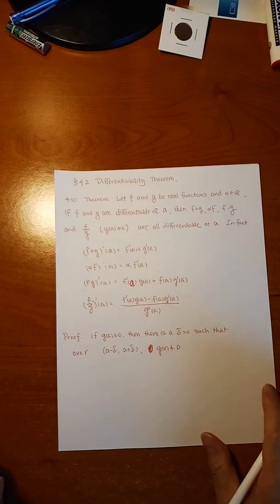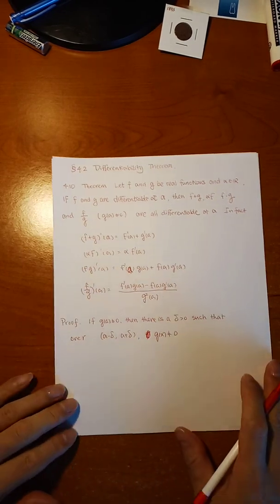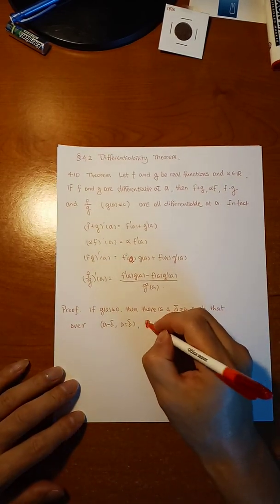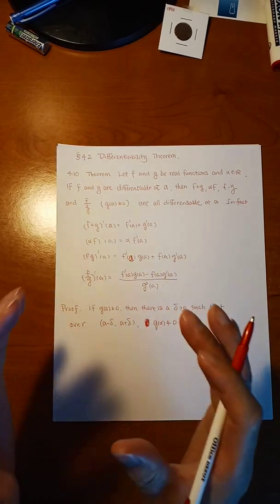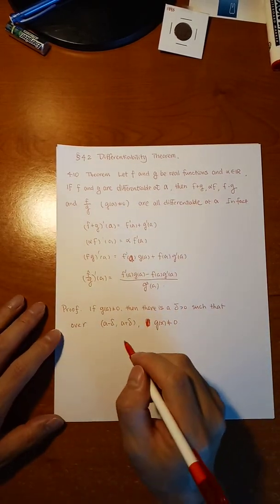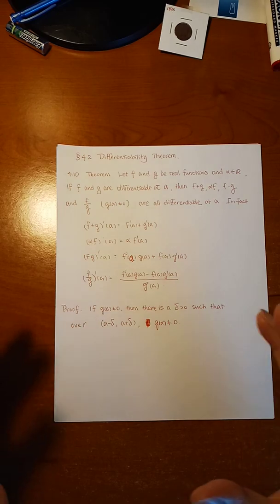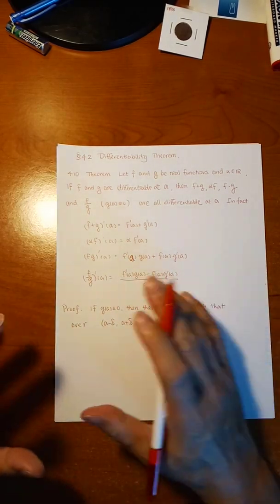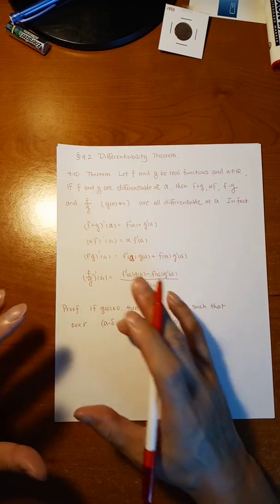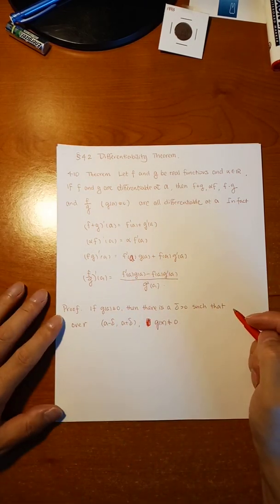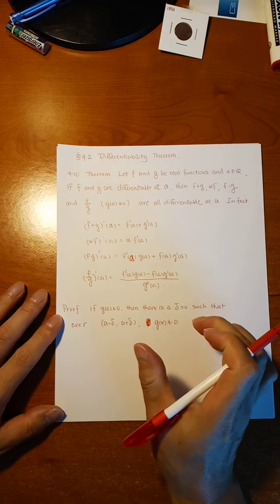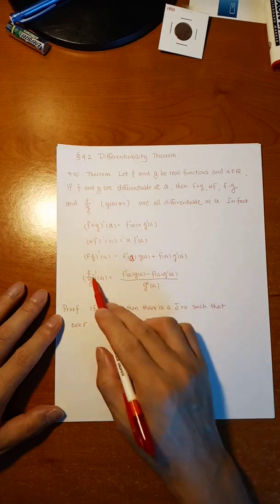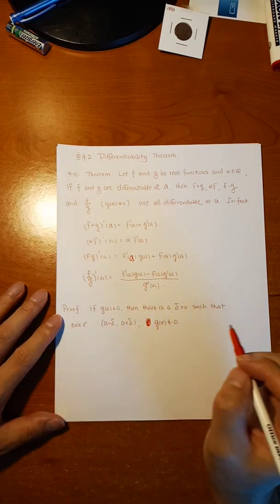That's the sign-preserving property. So we know that over a neighborhood g is not equal to 0. Because of this property, we can discuss the differentiability, because differentiability should be discussed over an interval. Okay, so we do have an interval so that the quotient makes sense.